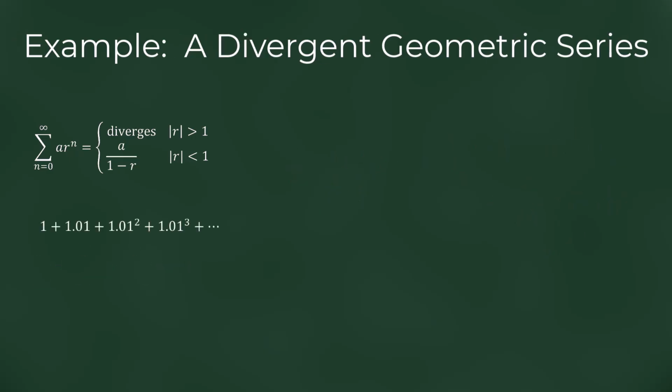Okay, in this next example, we are now going to add up 1 plus 1.01 plus 1.01 squared, so that each time we are multiplying by 1.01. So this is going to be the sum from n equals 0 to infinity of 1.01 to the n.